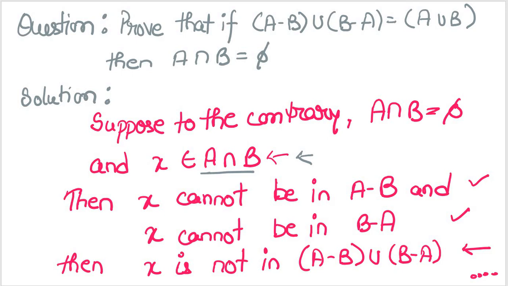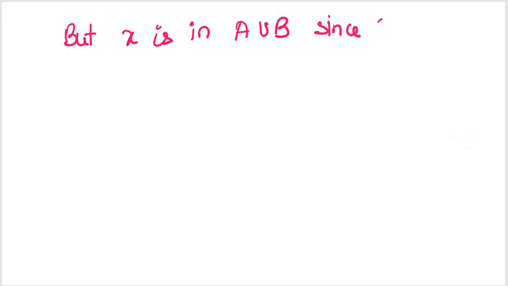Now what we can say is, but x is in A union B, since A and B are subsets of A union B, right?